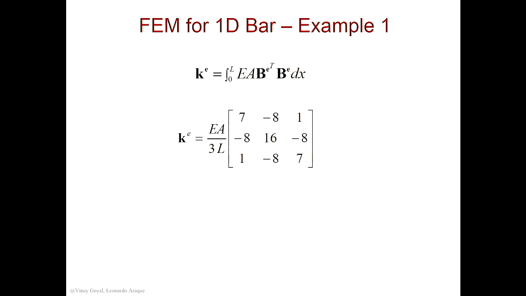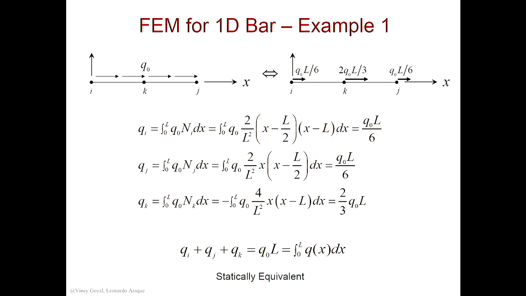Just a single element, so I don't have to worry about doing assembly in this example. Let's look at the forces. I have a distributed load, Q naught. So then I have Q naught Ni, Q naught Nj, Q naught Nk. I take the integrals, let Mathematica do the work, and I get Q naught L over 6, Q naught L over 6, and then 2/3 Q naught L. If I plot this, this one goes there, and this one goes there. Anybody guess what is the addition of these three?